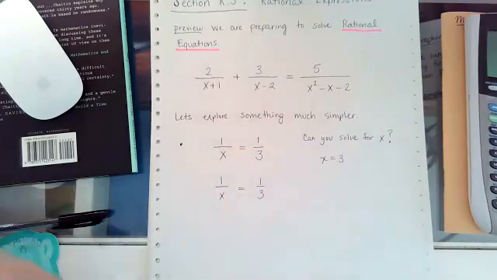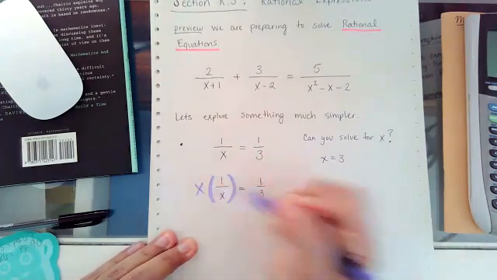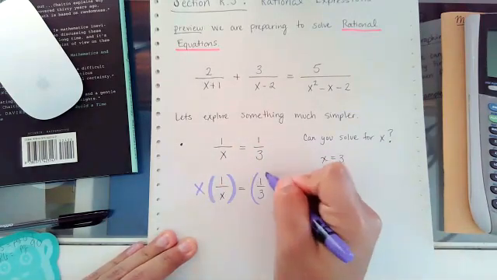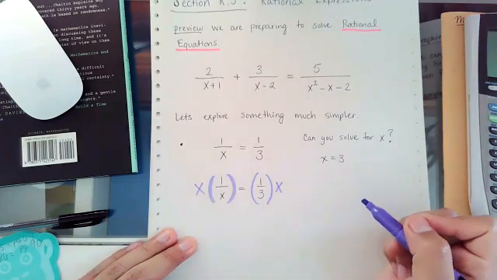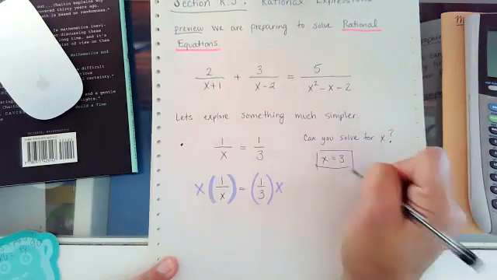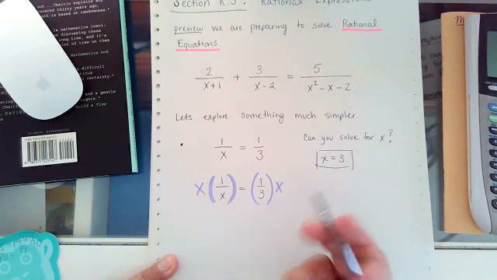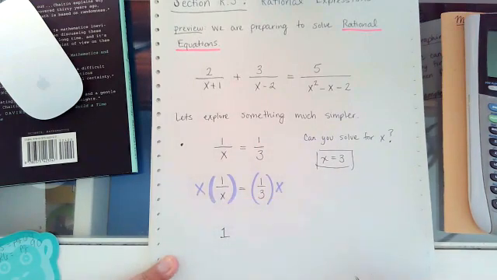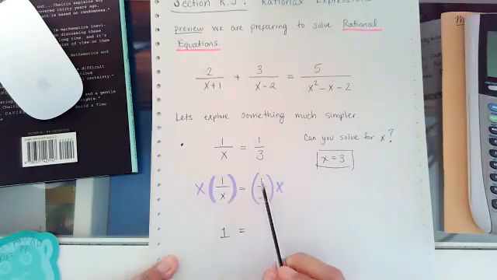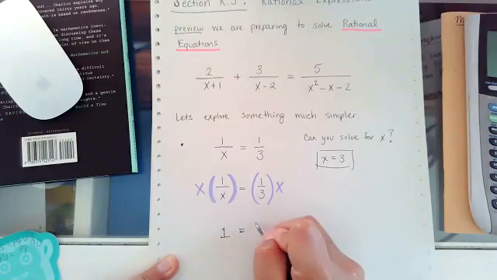So what you could do to process this is something like this. Maybe you multiply this side by x, and you multiply this side by x. What we get there is that x divided by x is just going to be 1. And then we have 1/3 times x, like so.